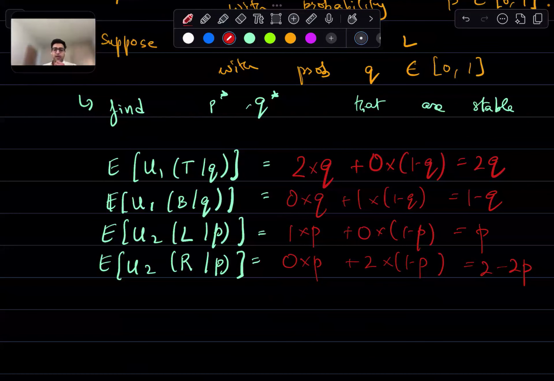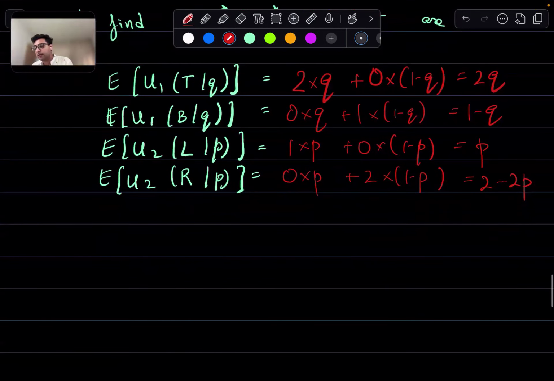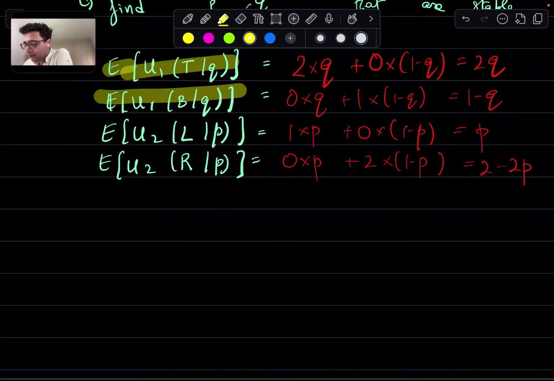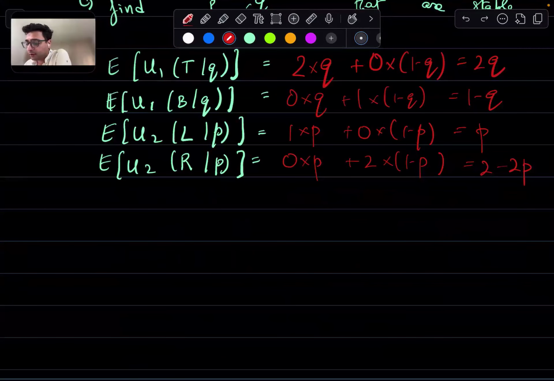So now we have figured out the utility that each of these players will get, taking as given Q, taking as given P. This is going to be what we need in order to find best responses. So let's look at these two values first, to figure out player one's best responses as a function of Q. Okay, so what is BR1 as a function of Q?